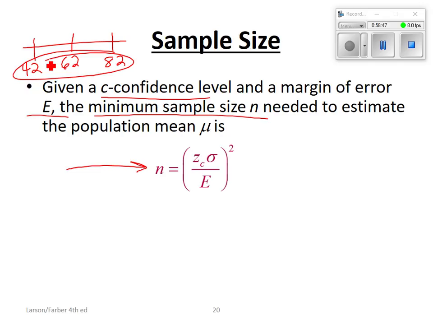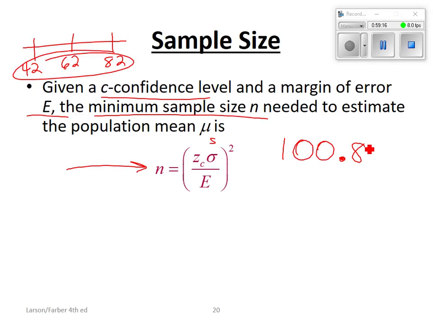So to find the sample size, we use the critical value times sigma, again, it's probably going to be an S there, divided by the margin of error, and all that squared. And that'll tell us how many people we need. If you come up with something like this, what are you going to do with that? Can n be 100.8? No. Doesn't make sense for n to be 100.8.